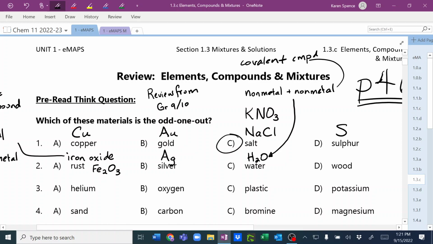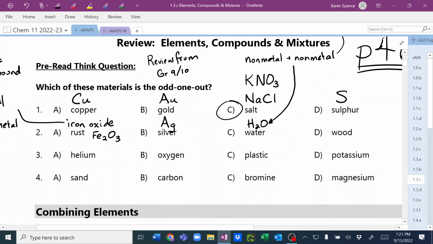And wood, no, it's going to be made of some amount of carbon. So I'm just going to put C, H, and O: carbon, hydrogen, and oxygen. I don't know which ones. There might be a little sulfur in there or nitrogen, but those are the three main elements. Those are the elements you usually find in organic compounds.